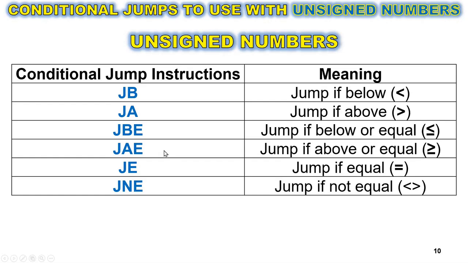JAE stands for jump if above or equal to. JE stands for jump if equal to. And finally, JNE stands for jump if not equal to. We use these if the two operands that we are comparing using the CMP command contain positive numbers only.